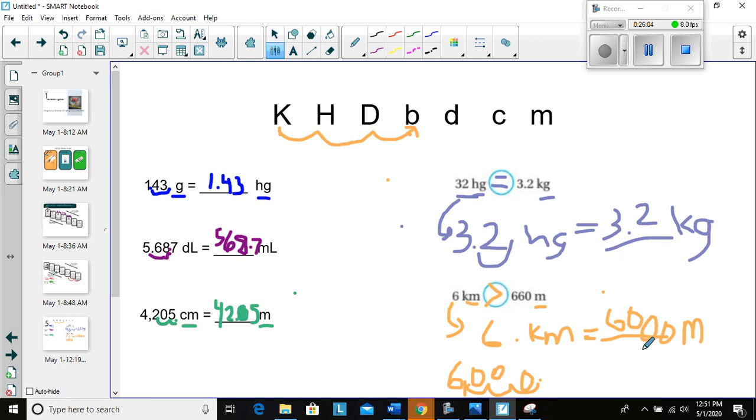Remember, it's 6,000 down here, or 6 kilometers. All right, that's comparing. So remember, on comparing, you just have to change one side to be the same unit as the other side and then compare. Go ahead and give the practice form a try and see how you do, and have a great day. Bye, guys.